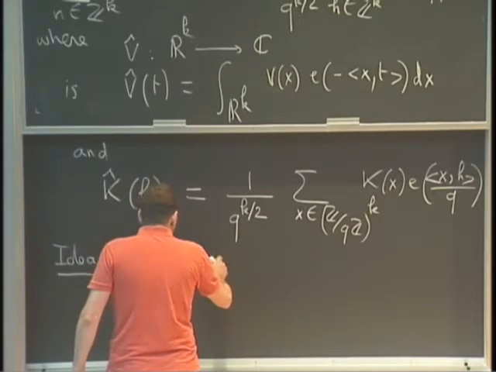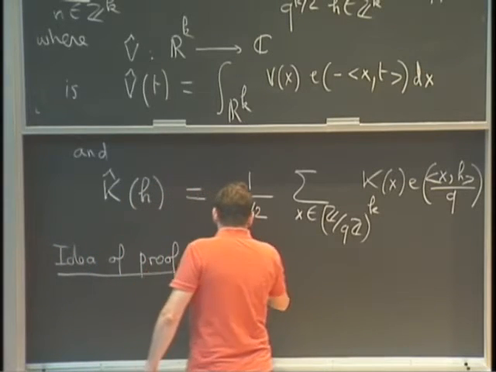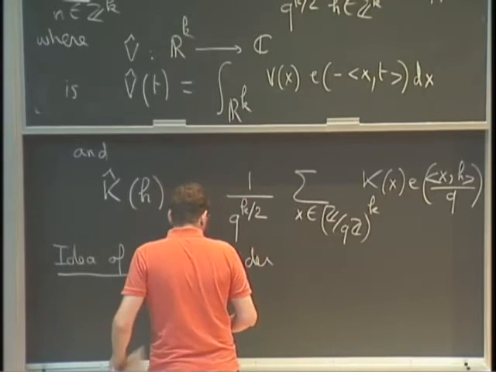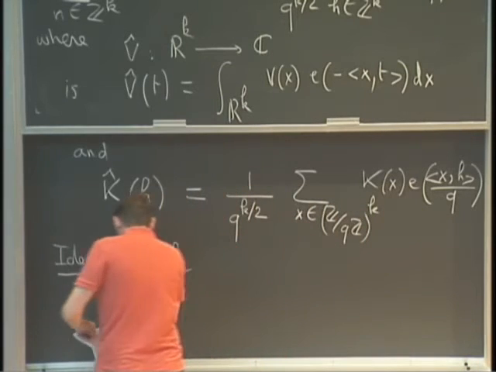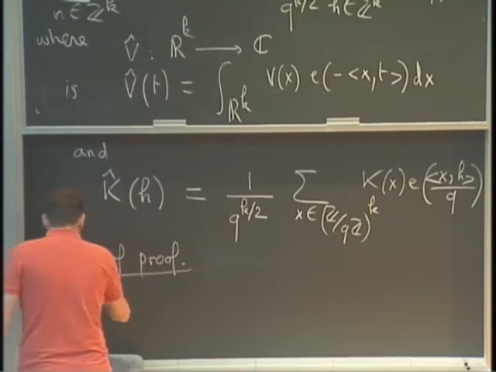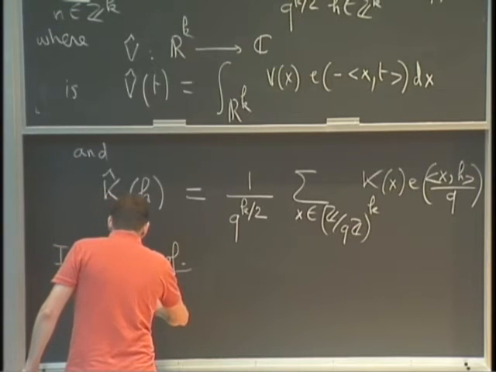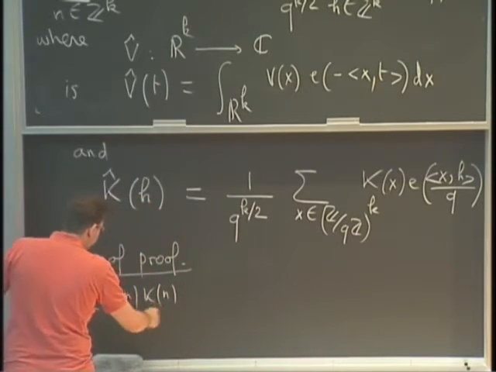So the basic idea: first you split into congruence classes, to use the fact that K is periodic.